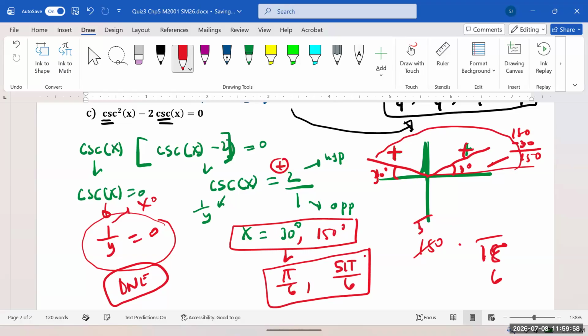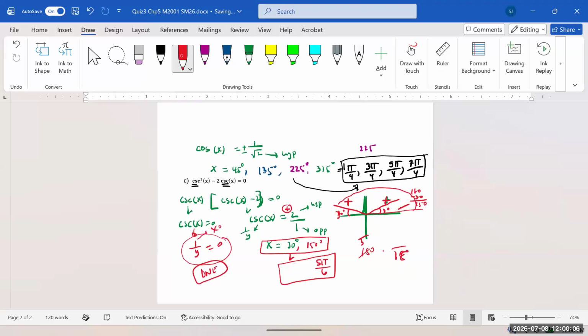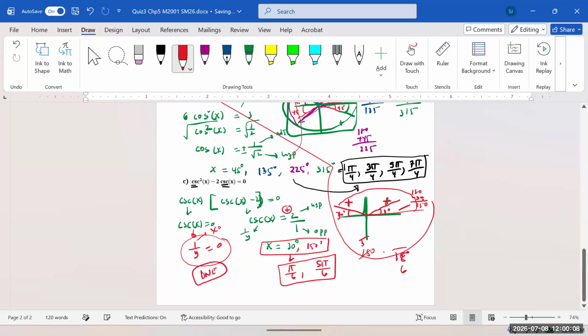Okay. So this is what you're supposed to do. First solve it. And then with this, either use the graph or a unit circle or XY point. Use something to show me how you come up with all the answers except for the below 90 degree.